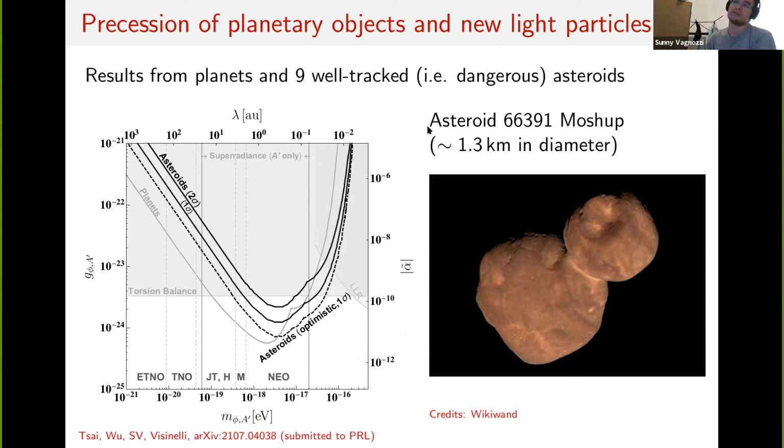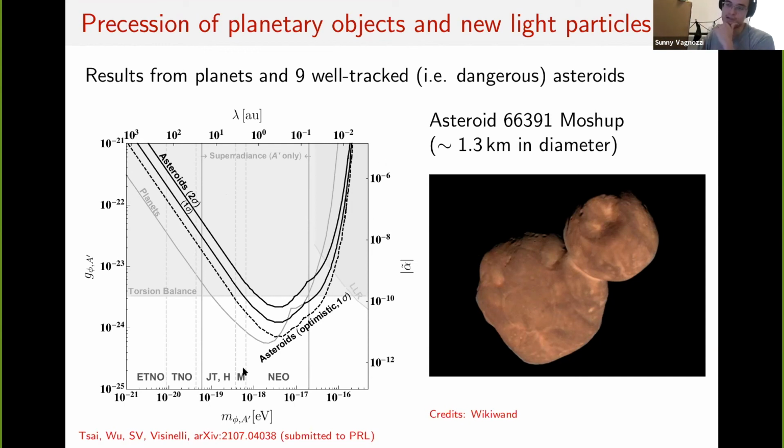These are dangerous asteroids in the sense that they are potentially hazardous for Earth due to their trajectories. And because they are dangerous, they are very well tracked with radar. And their precession is measured extremely well. And all the contributions to the precession from, say, Jupiter or Mars are very well modeled. And essentially, we can subtract these other contributions and constrain the strength of the fifth force.